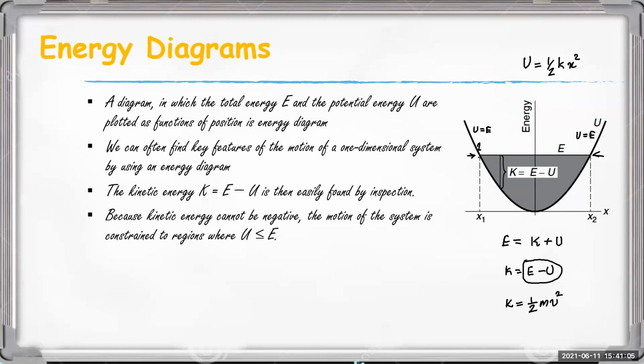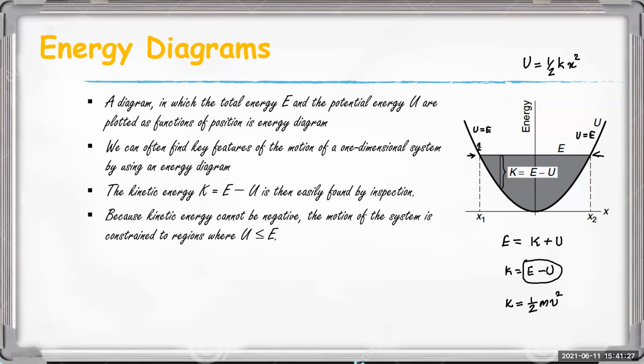Then at the end points, at x1 and x2, at the boundary points, kinetic energy vanishes. Kinetic energy is equal to 0.